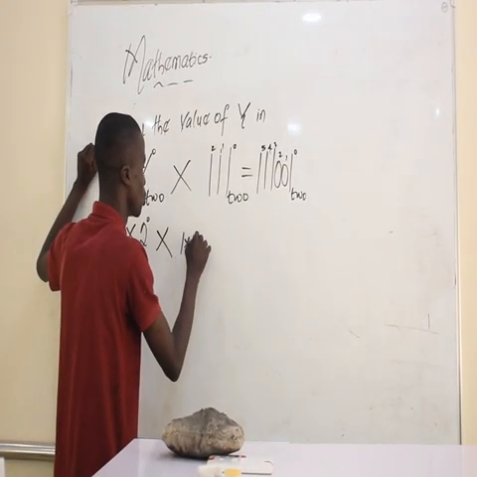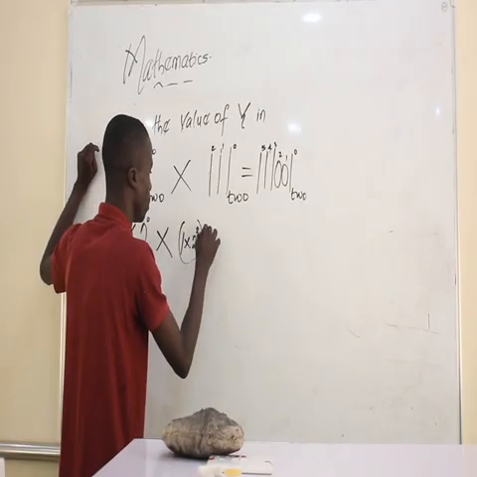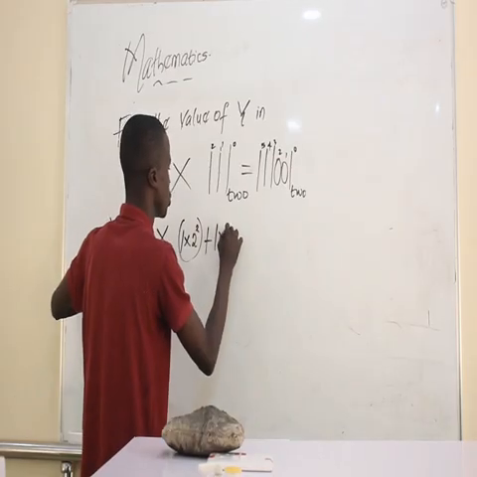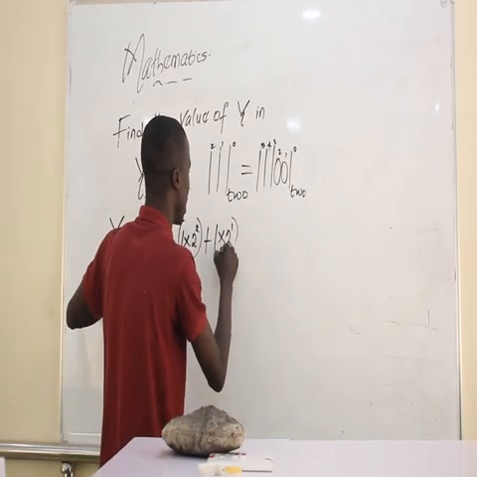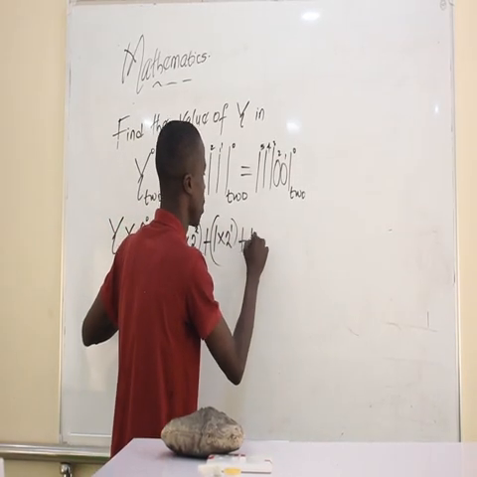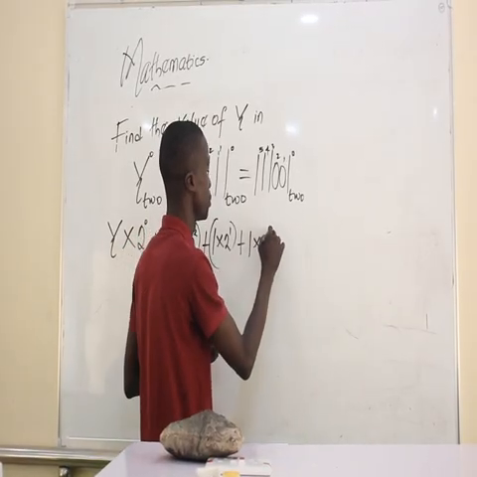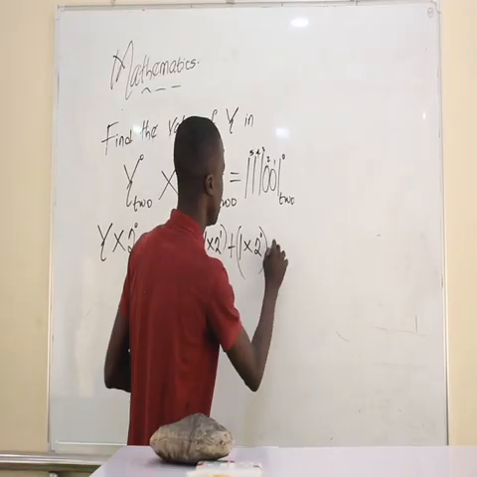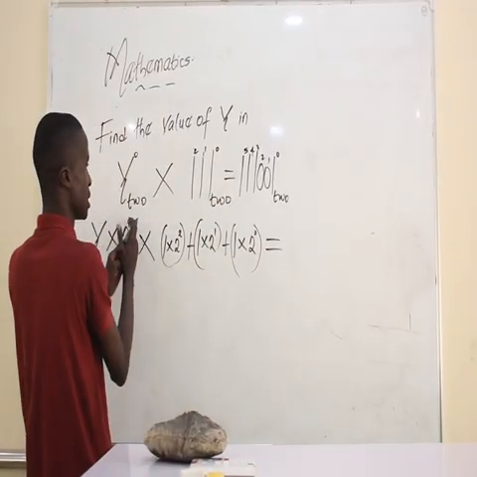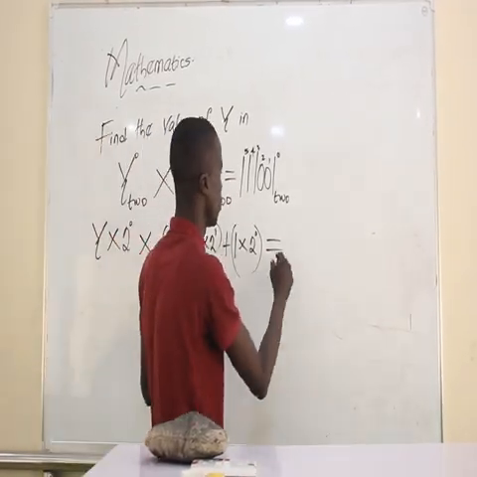1 times 2 raised to power 2 plus 1 times 2 raised to power 1 plus 1 times 2 raised to power 0. Now, you've exhausted this part. You come to this part now.